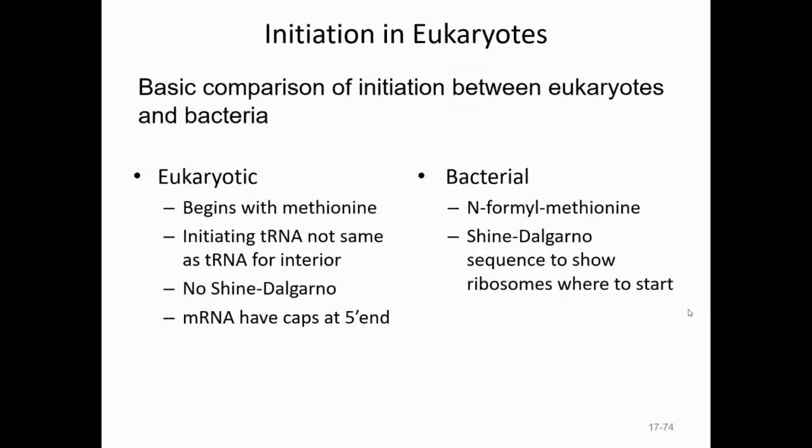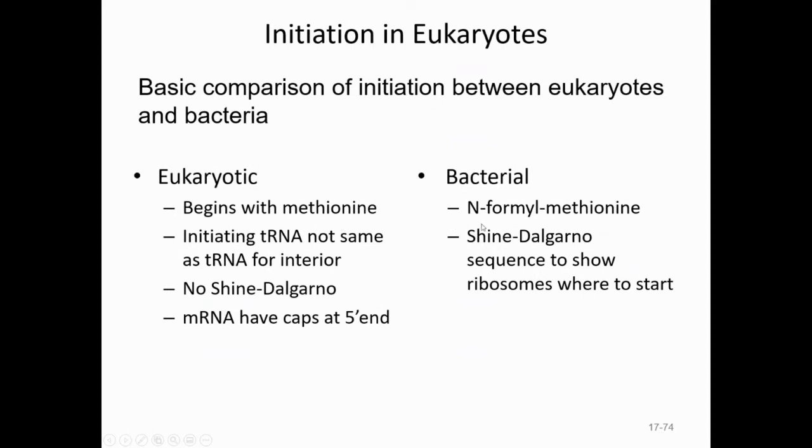So now we just watched all three videos from translation: initiation, elongation, and termination. So that would be the prokaryotic translation. And then for the eukaryotic translation, remember in bacteria, translation begins with N-formyl methionine. For the eukaryotic, that's a regular methionine.